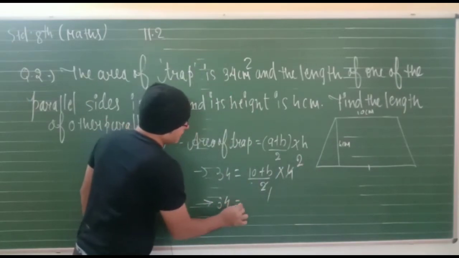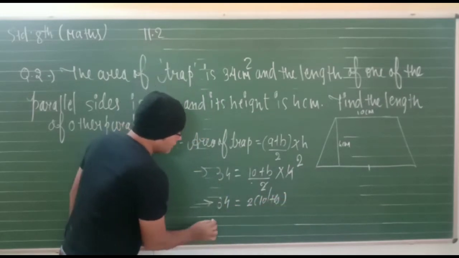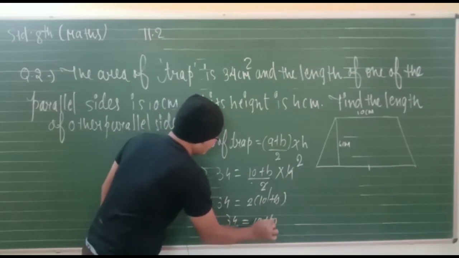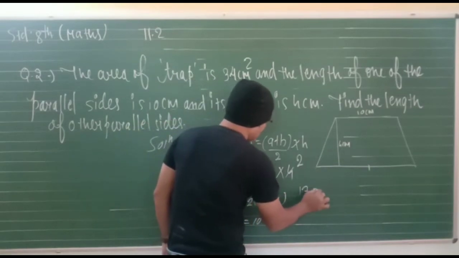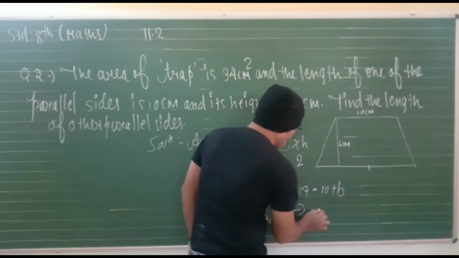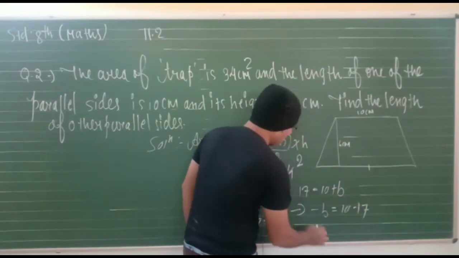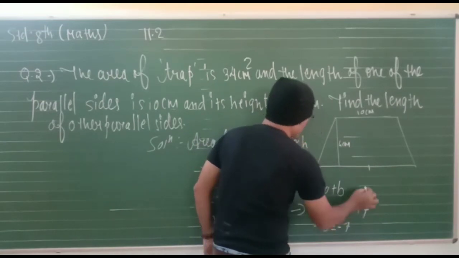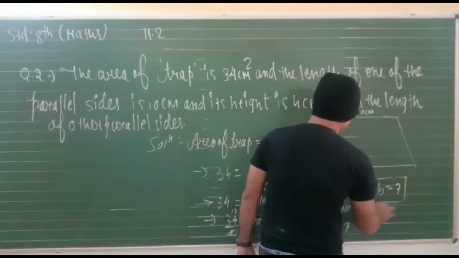So 34 is equal to 2 into (10 plus B). So 34 divided by 2 is equal to 10 plus B. 17 is equal to 10 plus B. So minus B is equal to 10 minus 17, so minus B is equal to minus 7, and therefore B is equal to 7.